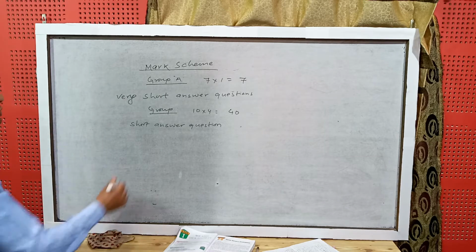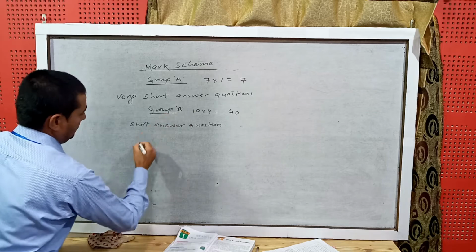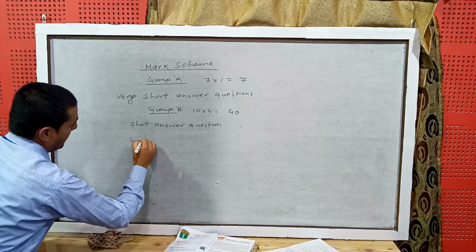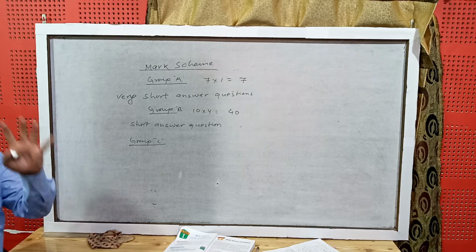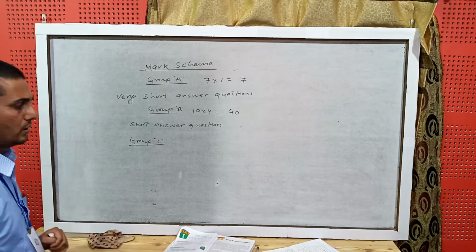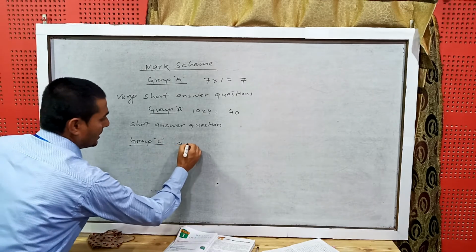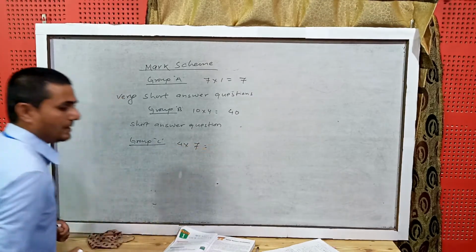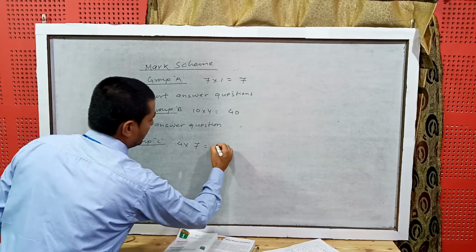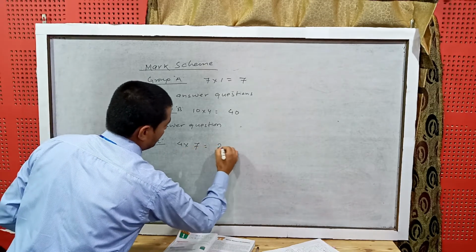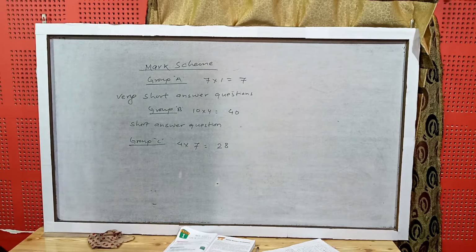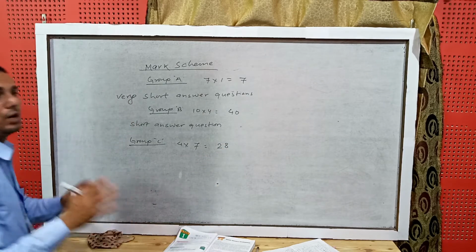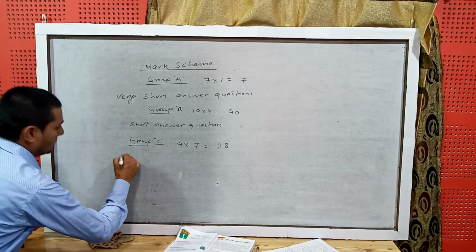Similarly, in Group C, you are asked 4 questions. Each question carries 7 marks and total 28 marks. And here you have to write very long answers.